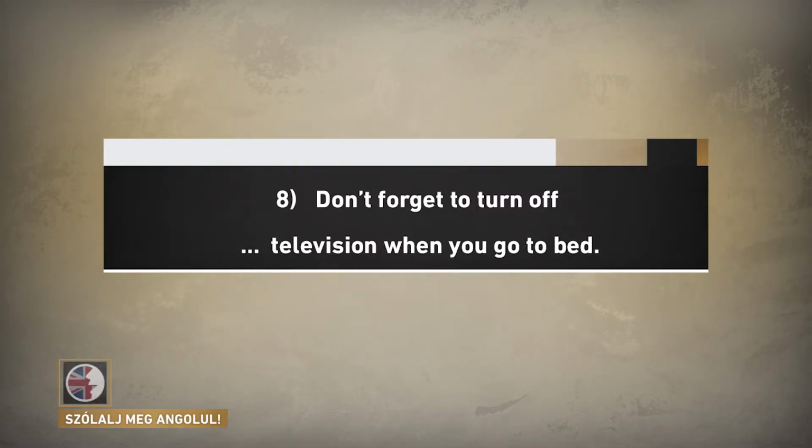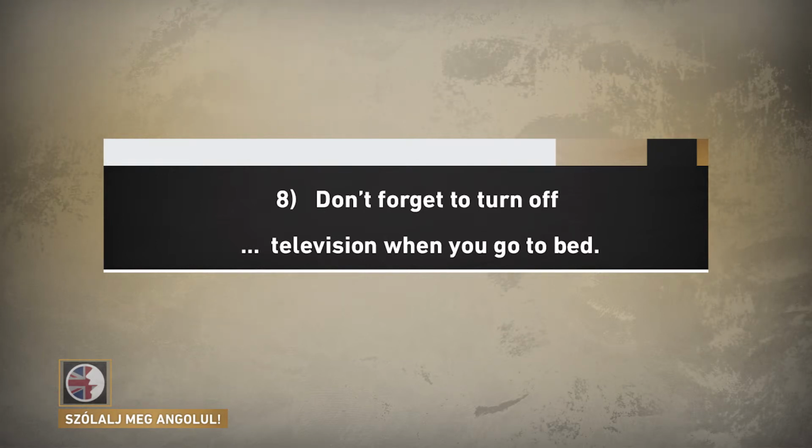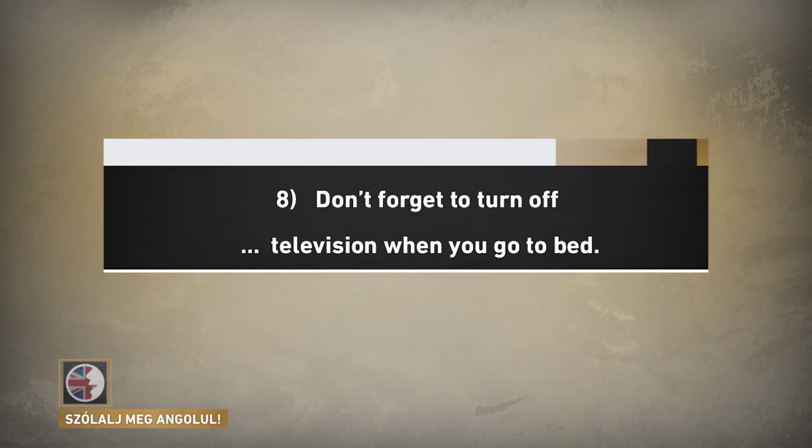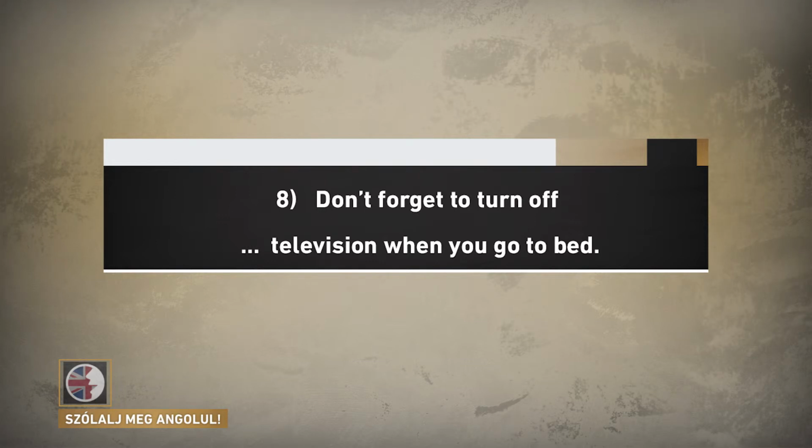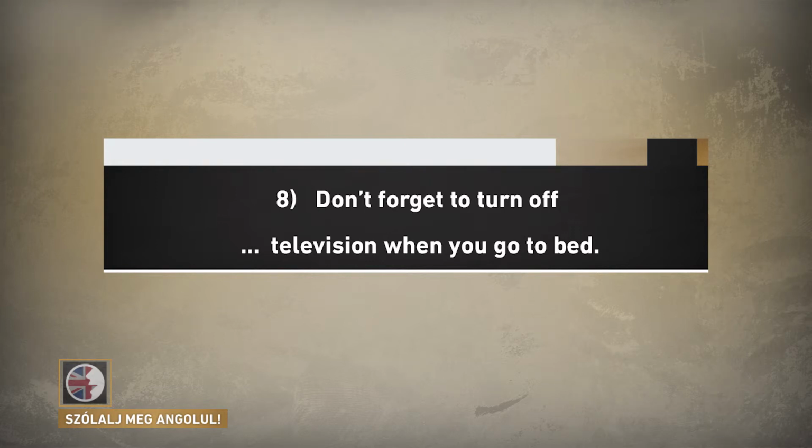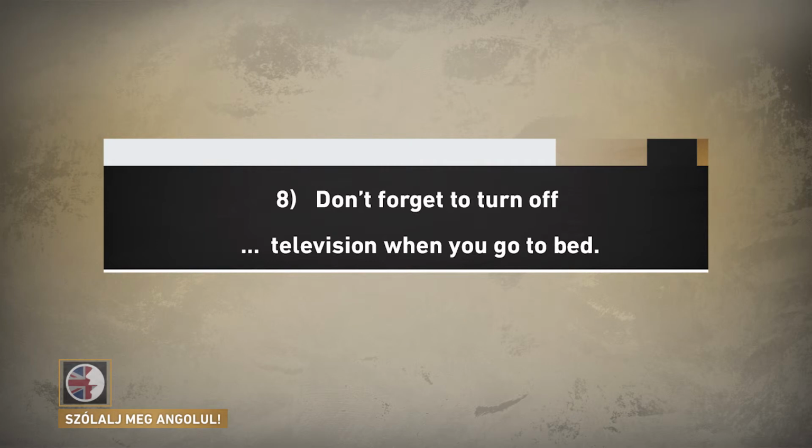Okay, so what do you all think about number 8 then? Well, it's simple, isn't it? There are lots and lots of TVs in the world. Yes, this is true. But we're not talking about one of those, are we? No. We're talking about the TV in the flat, the one where we live, the one in the room in our house or flat.